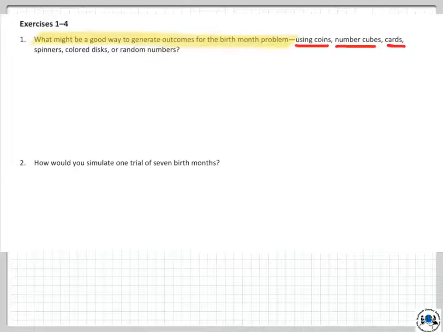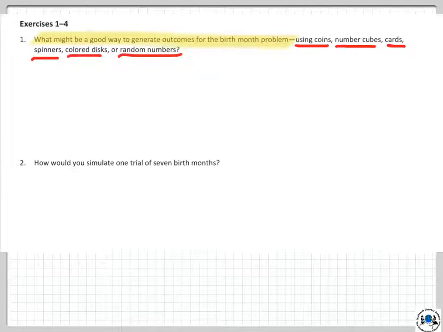How about cards, spinners, colored discs, random numbers? What would you use in this situation if we're wanting to estimate the probability of more than one person sharing a birth month in a group of 7? Think about that and jot something down and come on back.